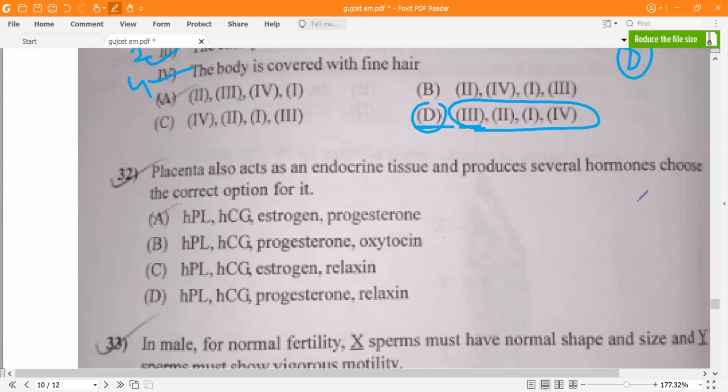Then they ask about the hormones of the placenta. So what are those? HCG, HPL, estrogen, progesterone. Relaxin will come, but they have not mentioned it. It is from the ovary also as such.